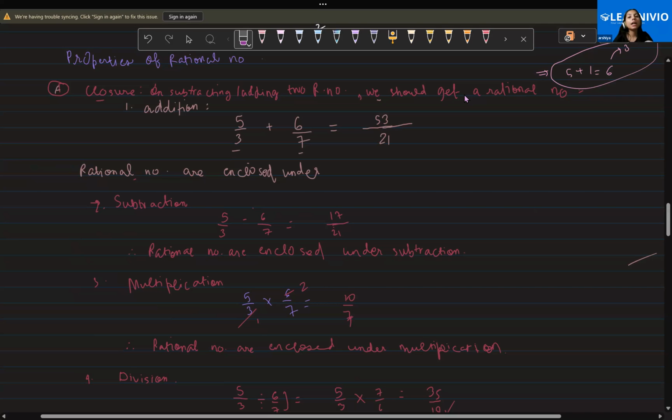Then we have the associative property, the one you were calling grouping. This is the one where we group.